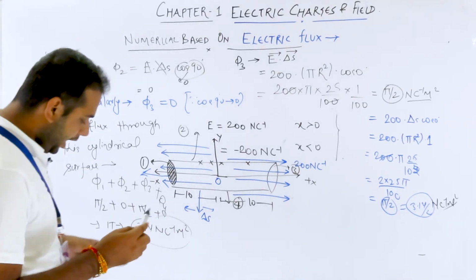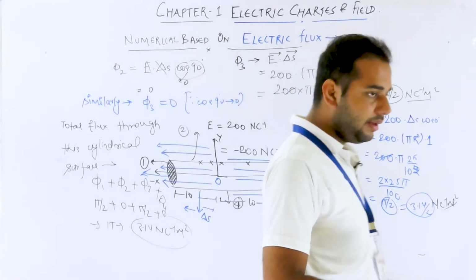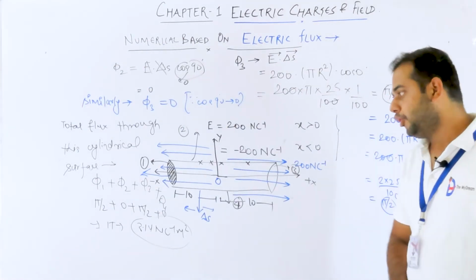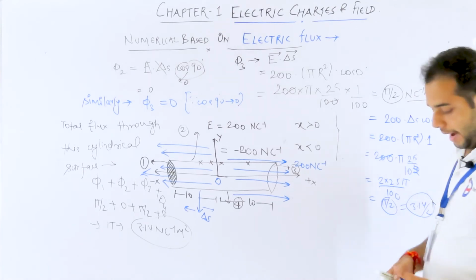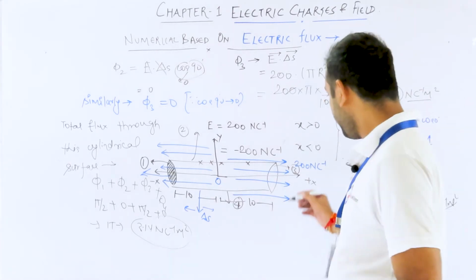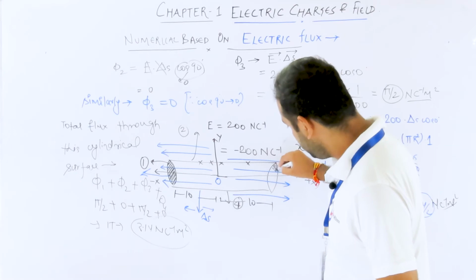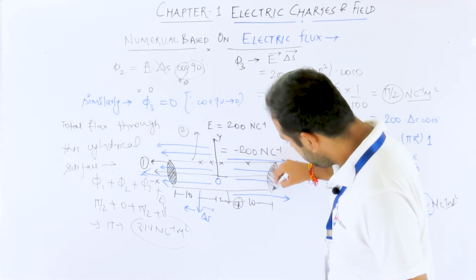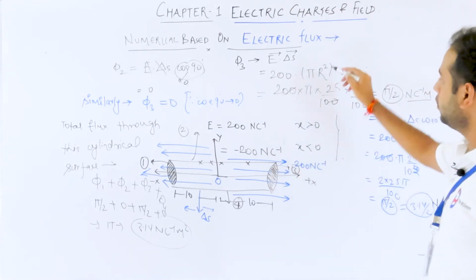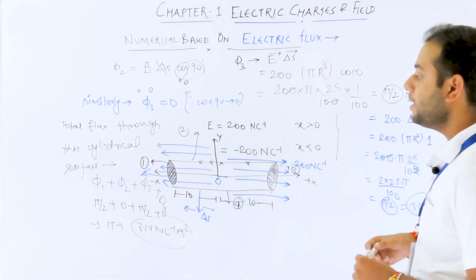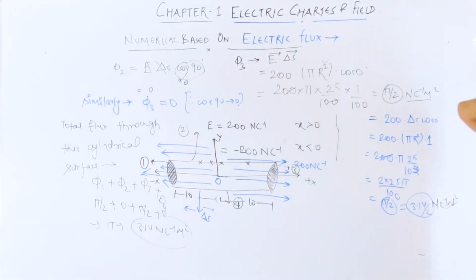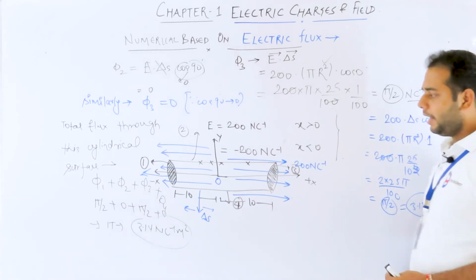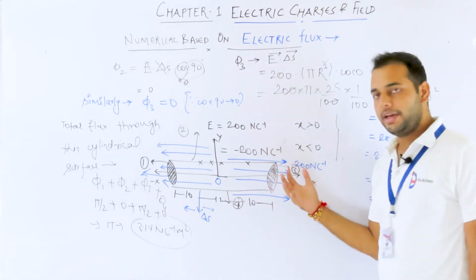Okay guys, I should ask you one thing. You can think intuitively that electric field, okay, I should draw this as well. Area of this surface is also pi r square. Yeah guys, I can ask you one thing, like by solving this numerical, you can think, okay, flux we are calculating on this surface.